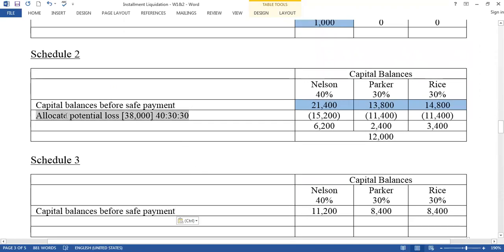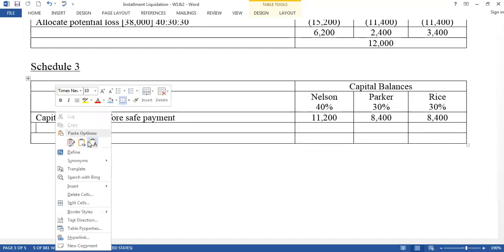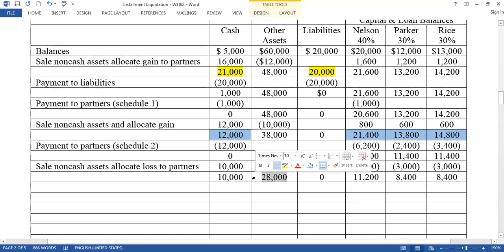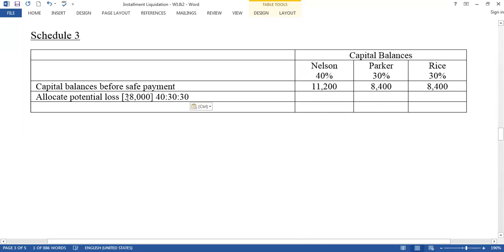Then we are going to allocate future loss. What is our future potential loss now? Our potential loss is now $28,000, right? We assume that this may not be sold. So this 28 is going to allocate something like 7,200.